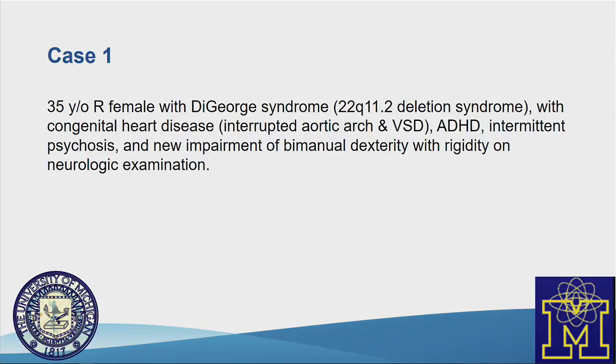So the first of these I want to show you is a 35-year-old patient with DiGeorge syndrome, and I heard about this in medical school, but I'll be honest with you, by now I've completely forgotten it. But this is a dominantly inheritable but frequently spontaneous mutation, deletion of 22q, and it's associated with short stature, congenital heart disease, neurologic impairment, usually due to attention deficit hyperactivity.